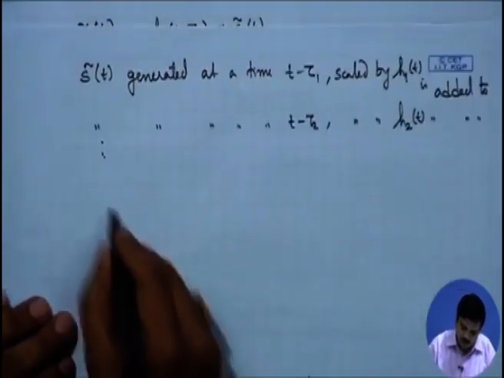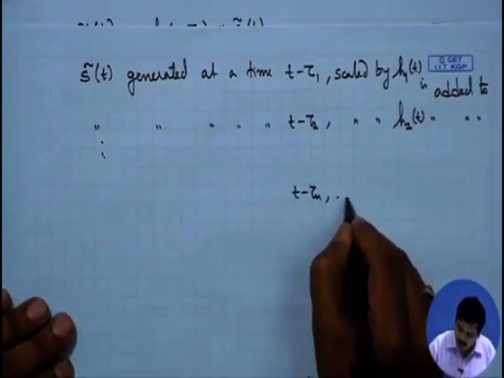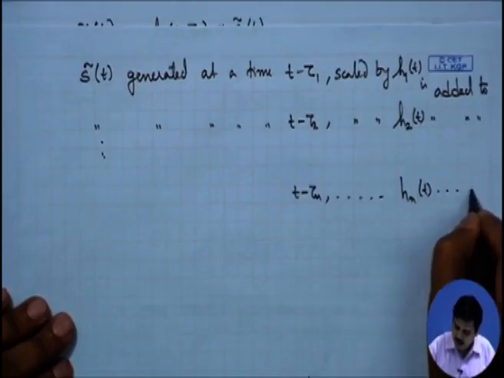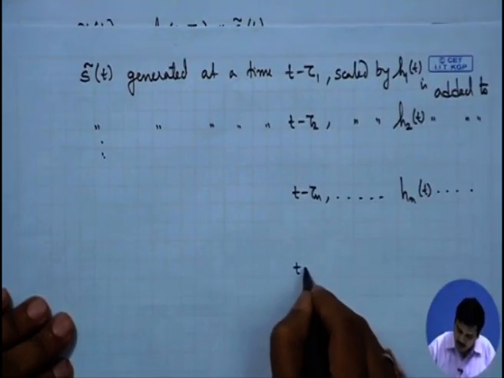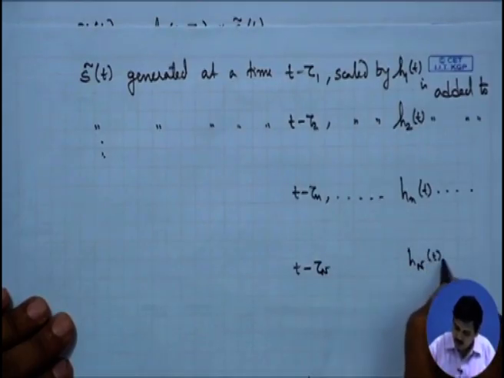It keeps on. We could write it as the one which is generated tau n before, multiplied by h n of t.